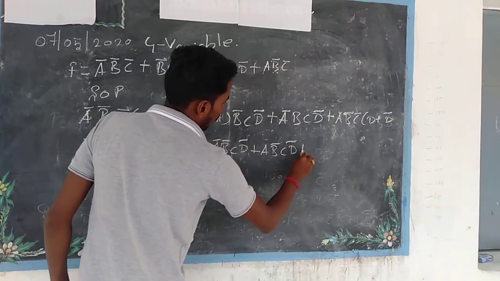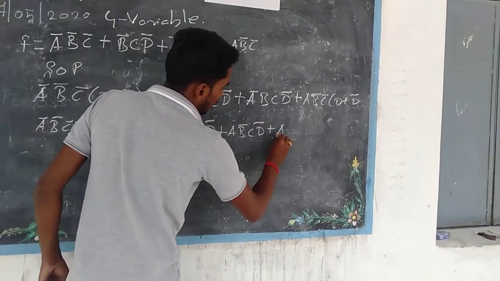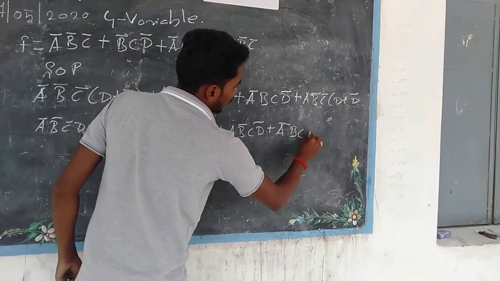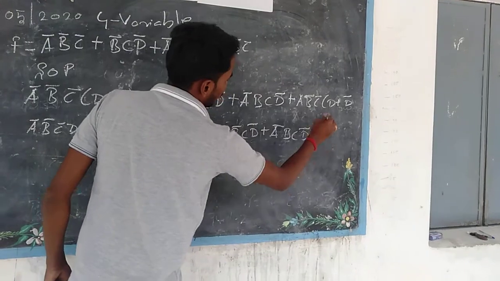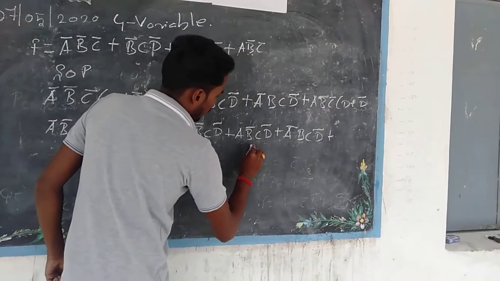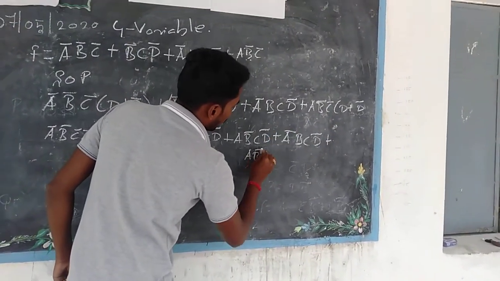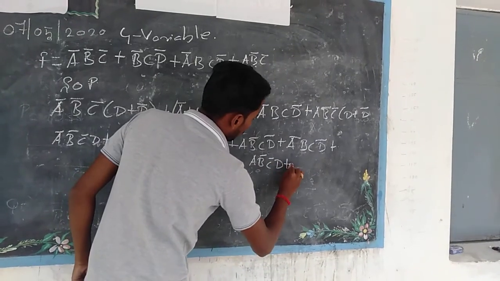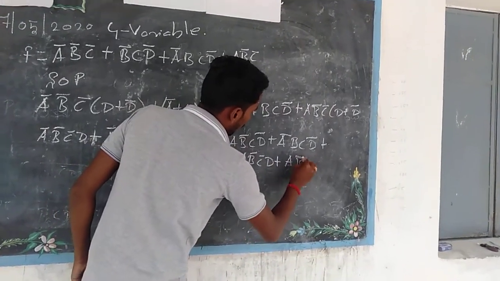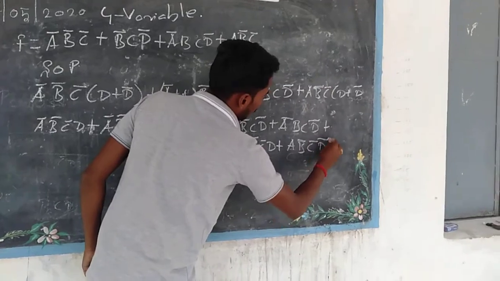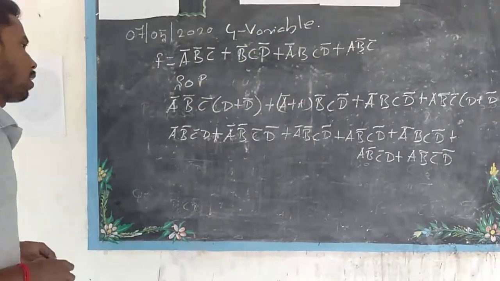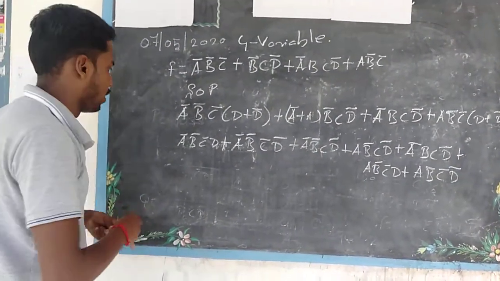In this term all terms are given: A bar, B, C, D bar. Then the last terms: A, B bar, C bar, D plus A, B bar, C bar, D bar. The possible SOP will be converted into these terms.